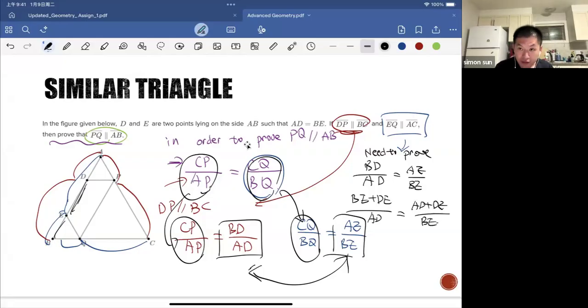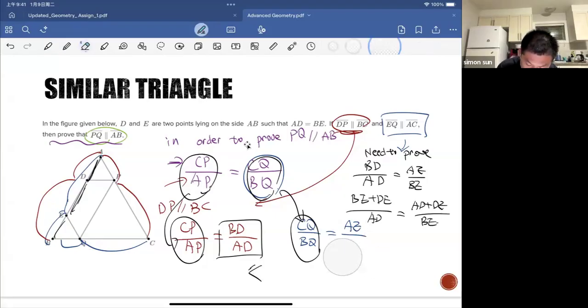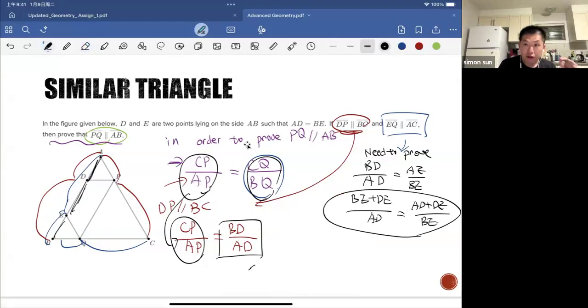Now, the next step is, look at here. Our final step is we just need to prove this is correct, right? Look at what we have.